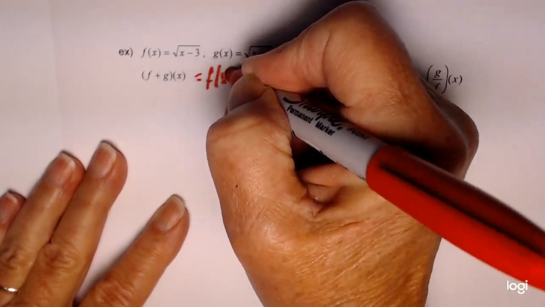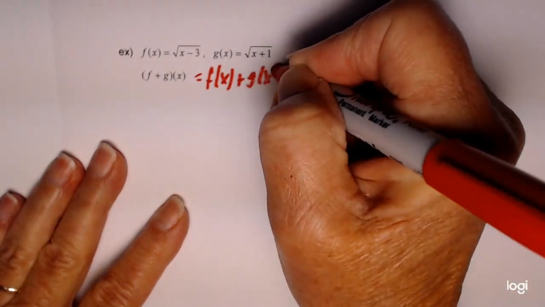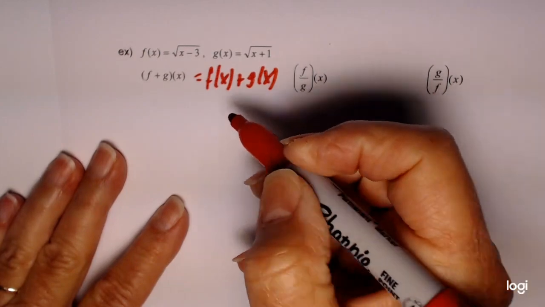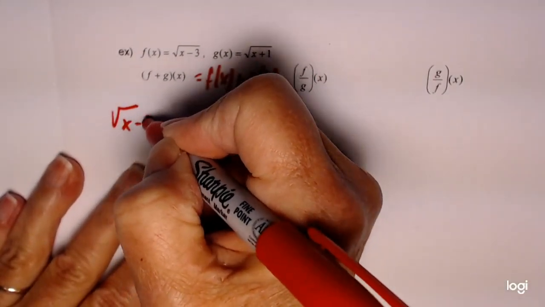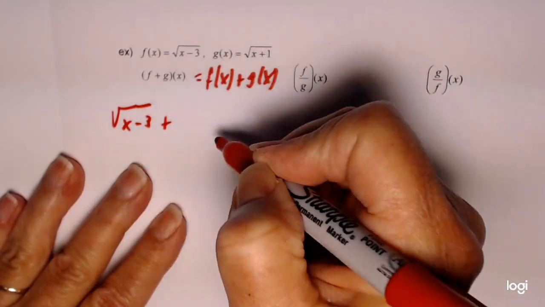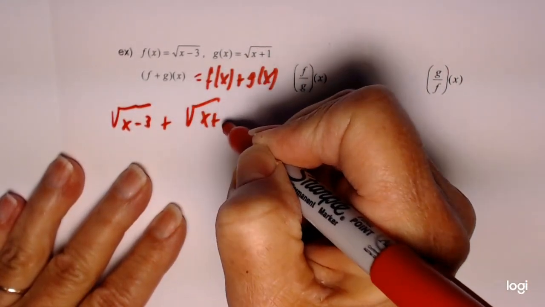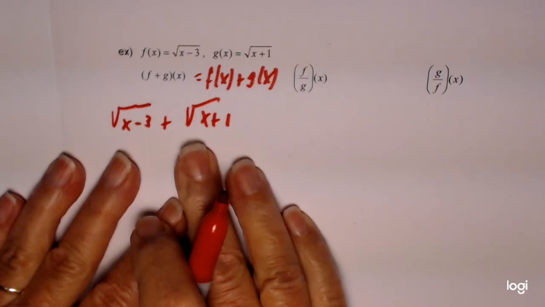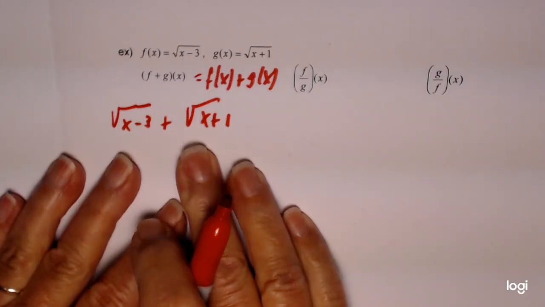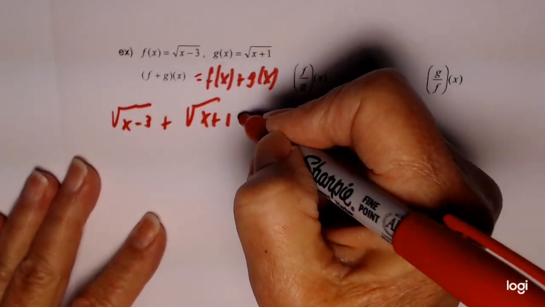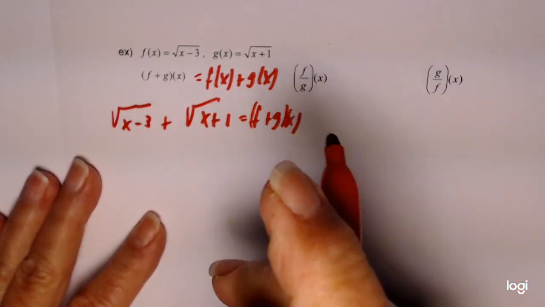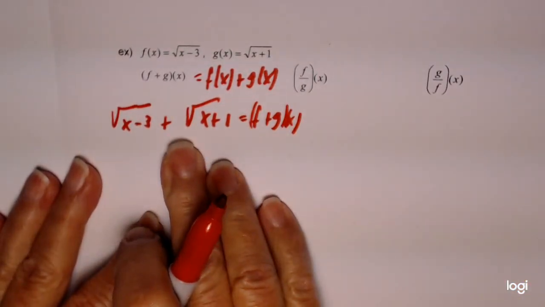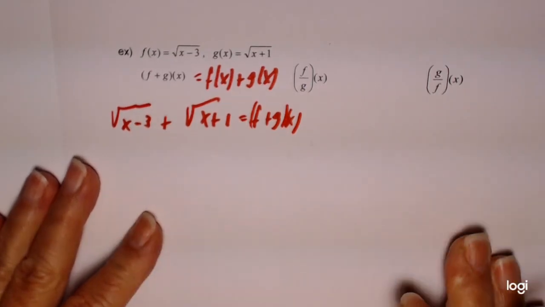This is going to be square root x minus 3 plus square root x plus 1. Nothing much to be done there. So this is f plus g of x. Not a very pretty looking function, but that's what it looks like.